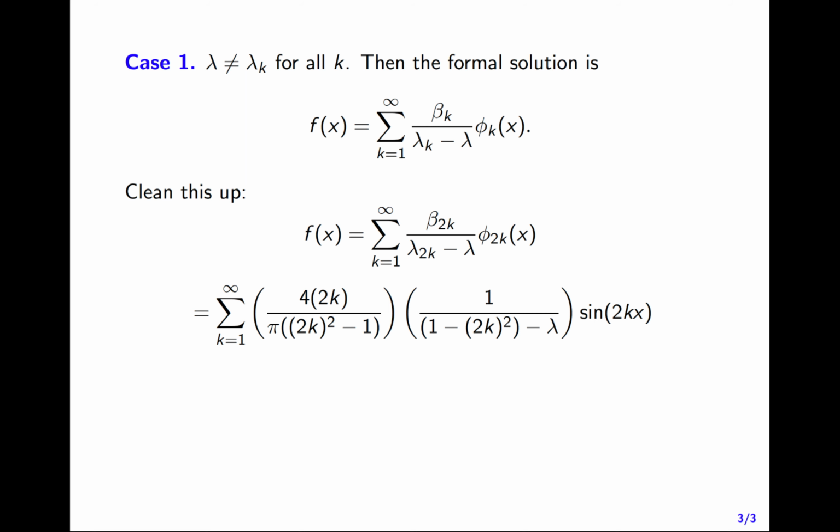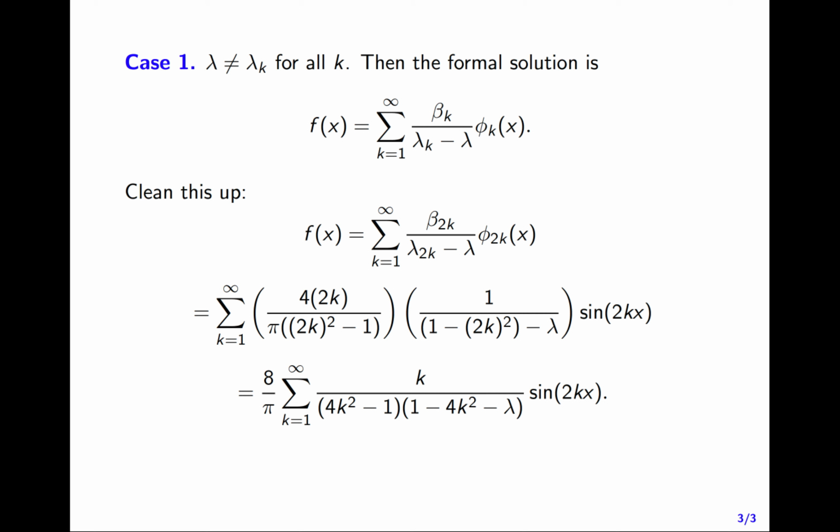And if we think about what β_2k is and what λ_2k is and what φ_2k is, this is the sum from k = 1 to infinity of 4·2k/(π((2k)² - 1)) times 1/(1 - (2k)² - λ) times sin(2kx).